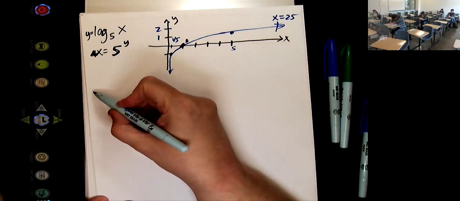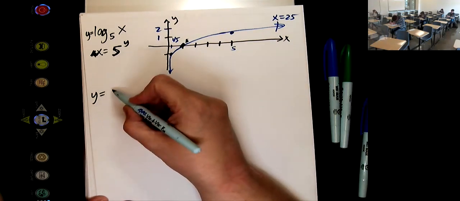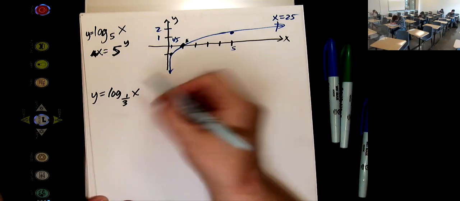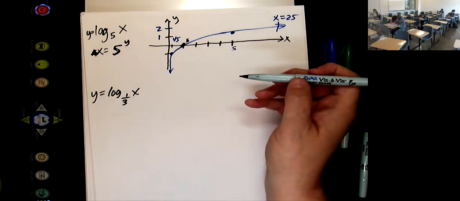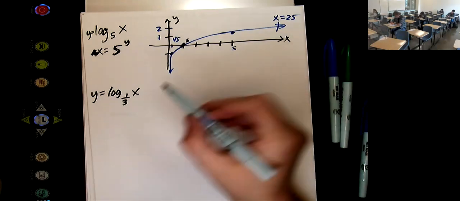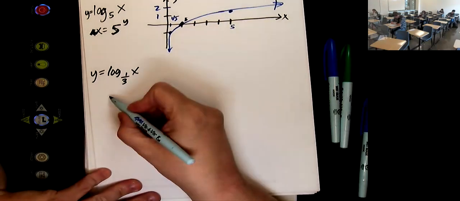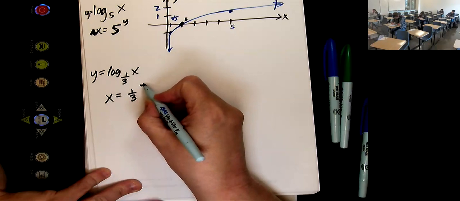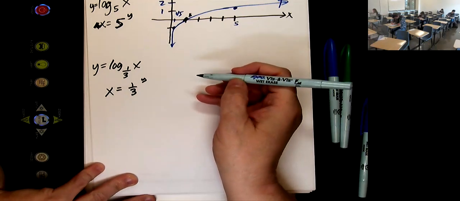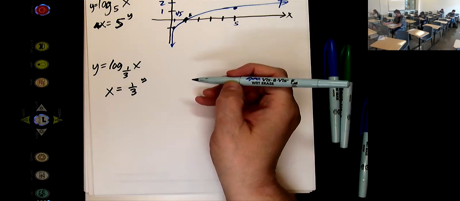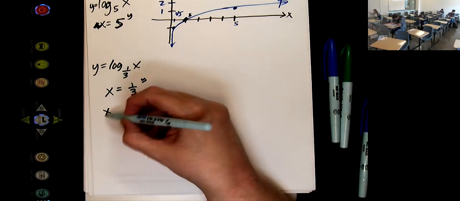And we can take a look at when the base is less than 1, but still greater than 0. Log base 1/3 of x. This is like saying x equals 1/3 to the y, which is also the same thing as 3 to the negative y.